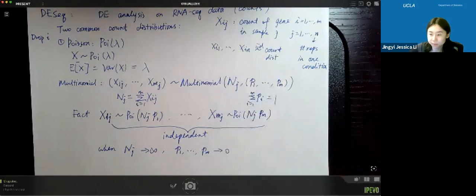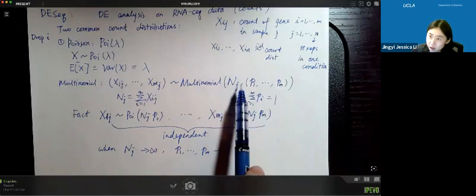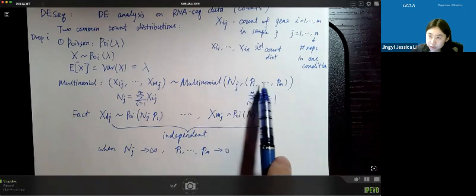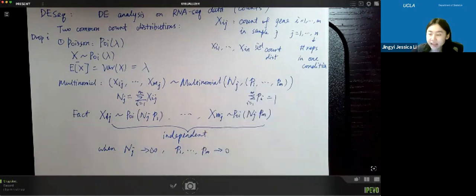So they're dependent in that way. But once your nj is big enough and the proportions are small enough, that dependence can be ignored. That's why we can use independent Poissons for approximation. So this is the fundamental reason why Poisson is used so predominantly in RNA-seq count analysis.